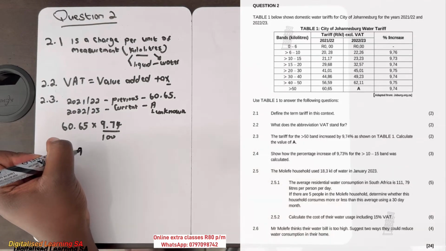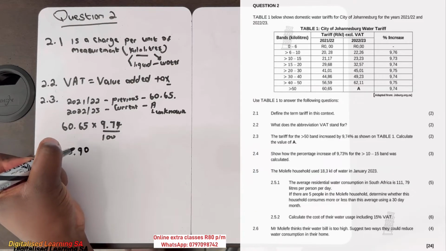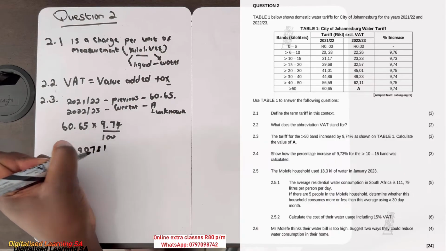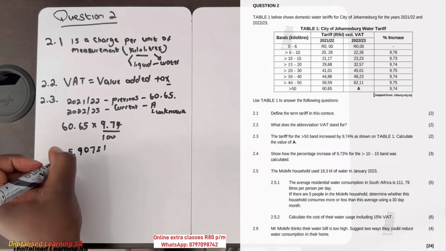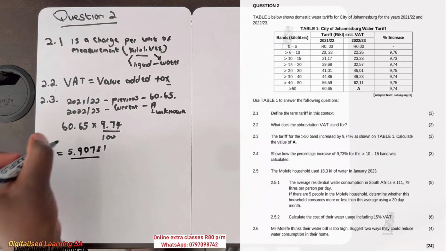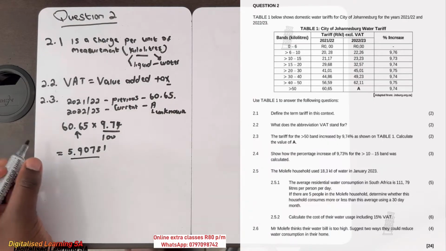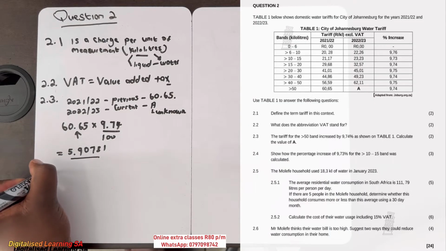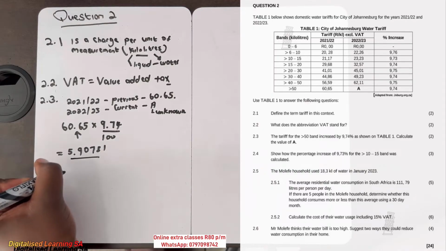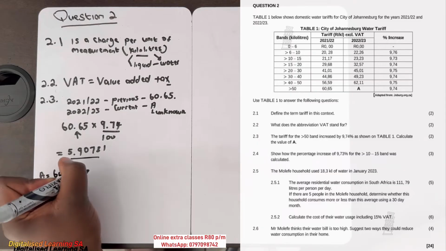Because this is not our final answer, we need to write it in full. So it's 5.90731. To get A, we add this 5.90731 to 60.65.